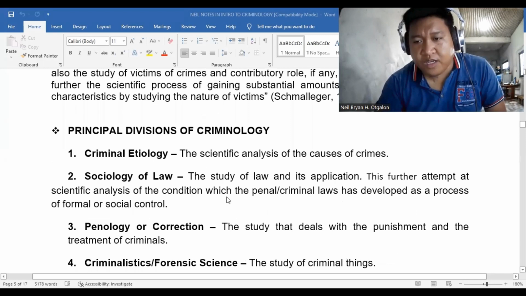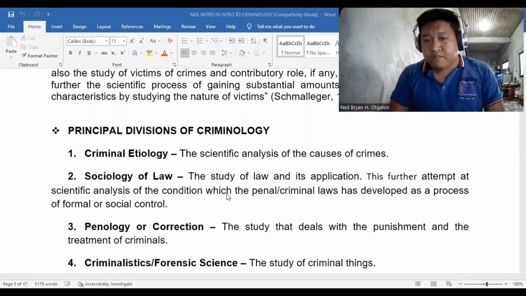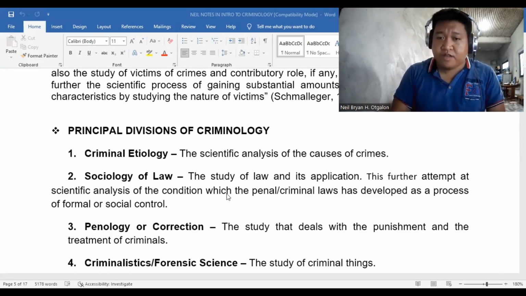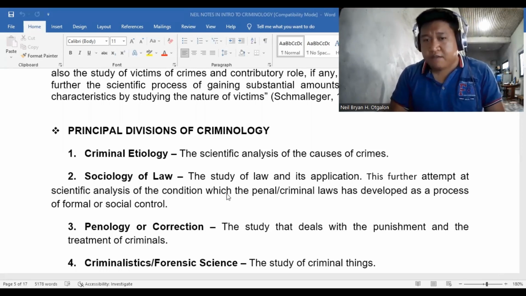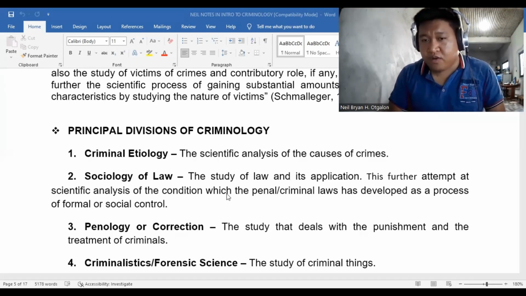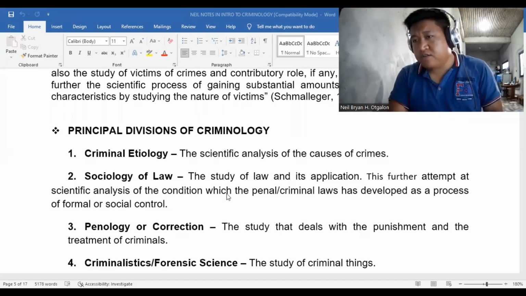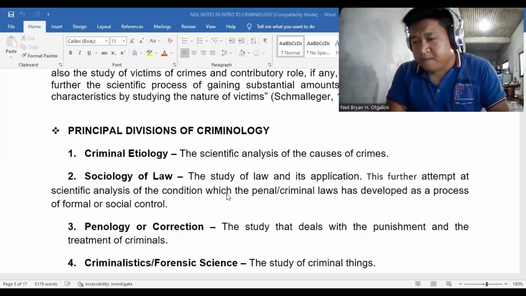Then if your study is the application of law, you will study the effectiveness of the law in the control of crime, then what you're doing is sociology of law. So in here, you will see the characteristics of the law in relation to the study of crime.